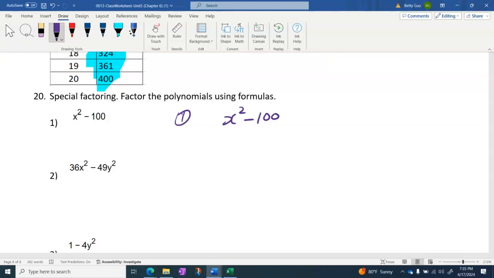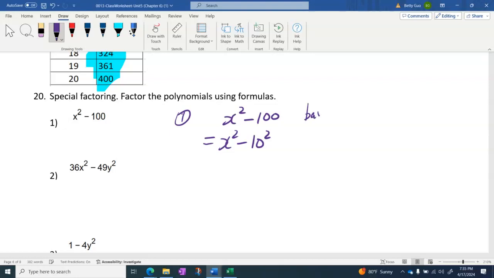In the middle, I have subtraction. And I see x squared and I see 100. 100 is a perfect square. 100 is 10 squared. And this binomial has the structure of a difference of two squares.